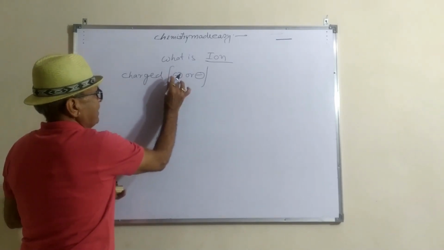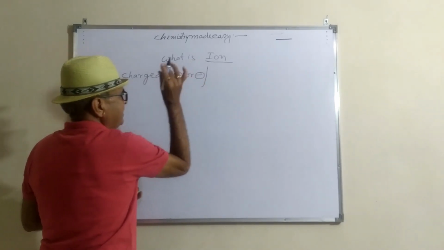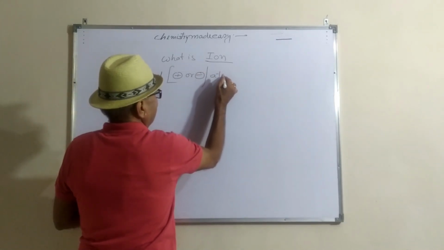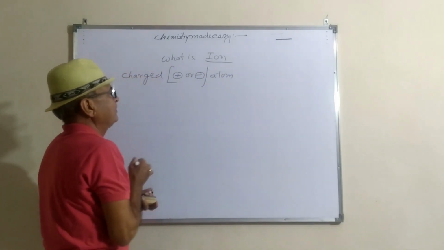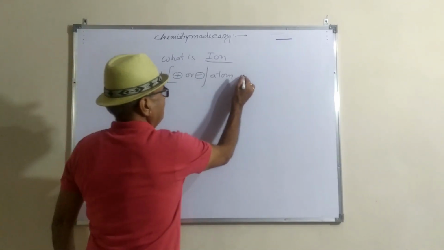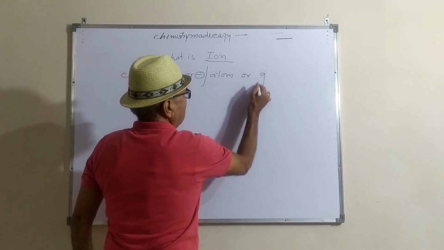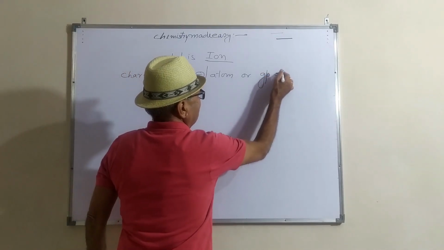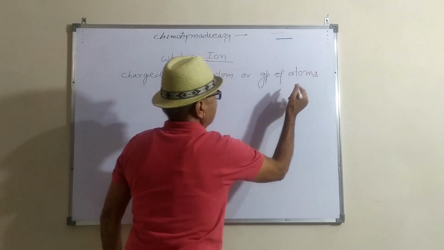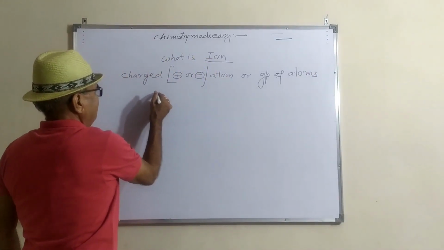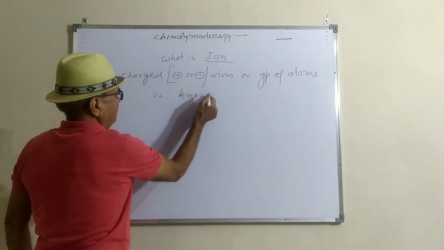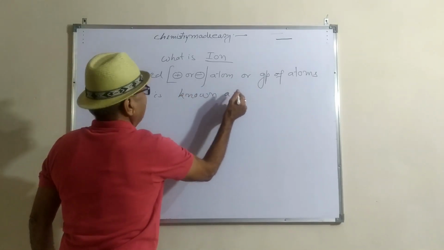A charged atom or group of atoms is known as an ion.